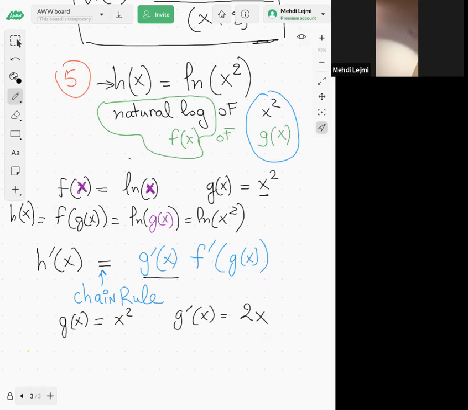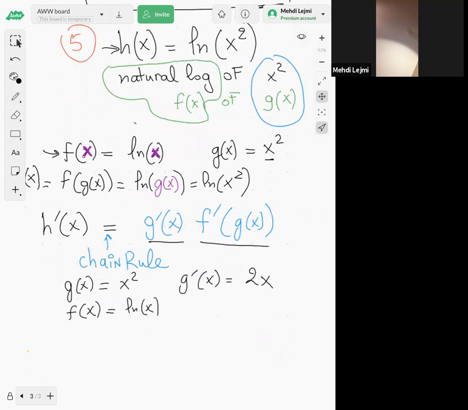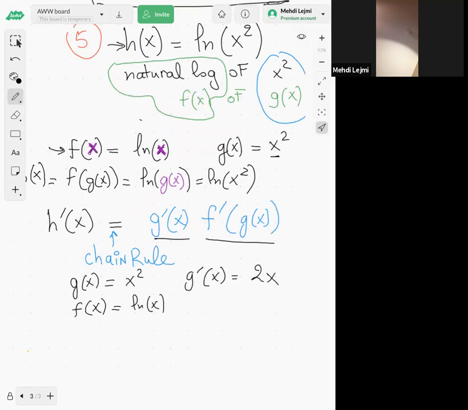Now next we need f prime of g, not f prime times g. So first, what's f prime? f of x is natural log of x, so f prime of x, the derivative of natural log of x, is 1 over x.